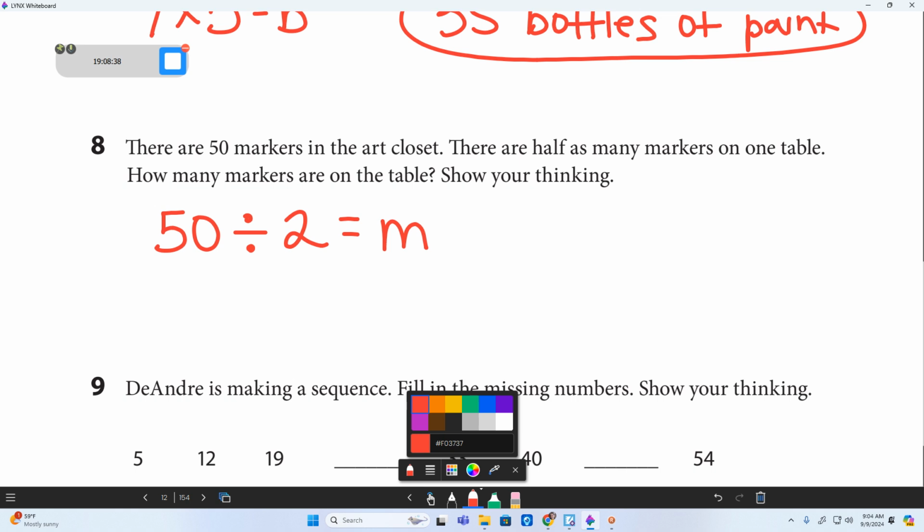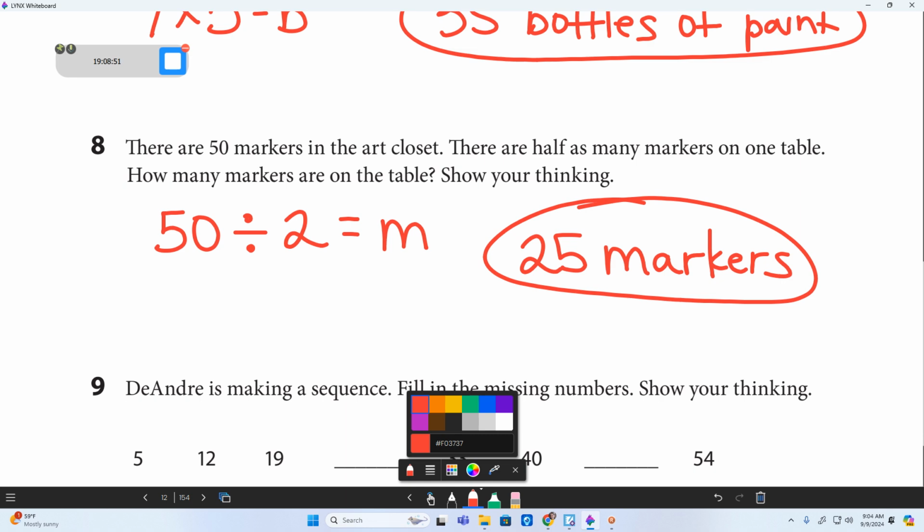So 1 quarter, half of that would be 25. How many markers are on the table? 25 markers. If you didn't know that, if you were to draw 50 dots, you could totally cut that picture in half and there would be 25 on one side and 25 on the other.